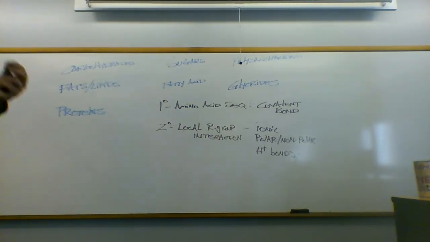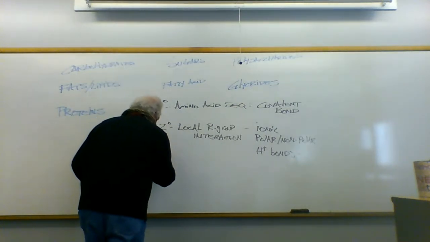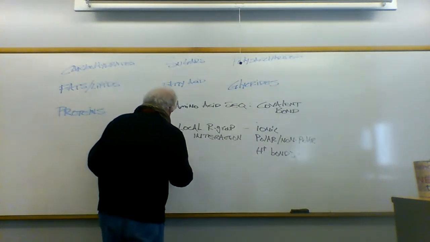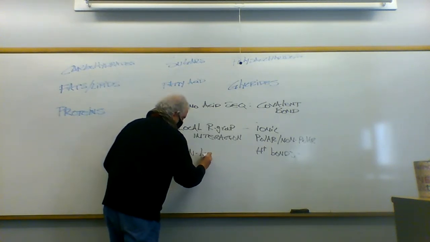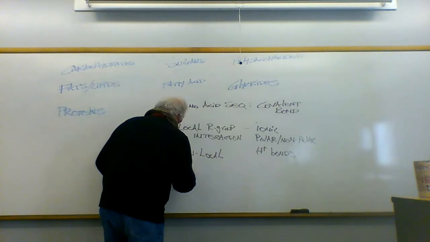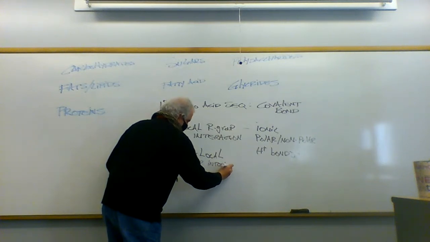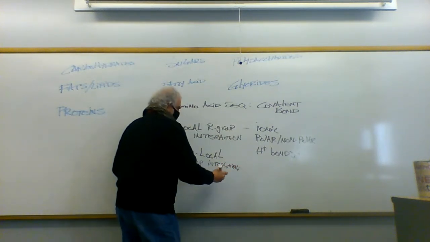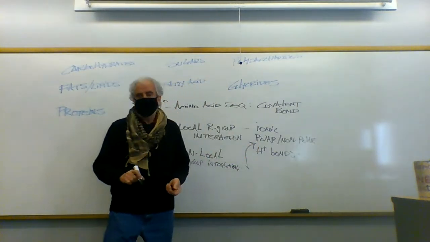The third level of structure is now folding this guy up. These are now non-nearby, non-local R group interactions. And they're using the exact same weak bonds.